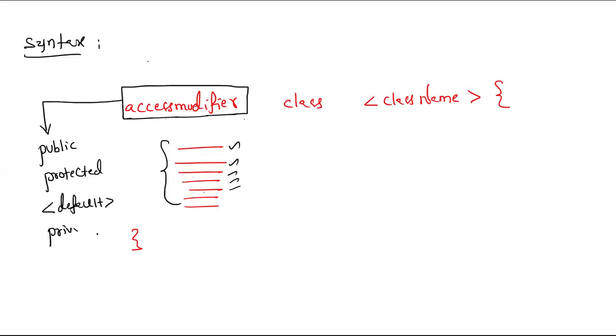These are the 4 allowed access modifiers in Java as of now. As we discussed, the access modifier, AM, is used to control the access of members.